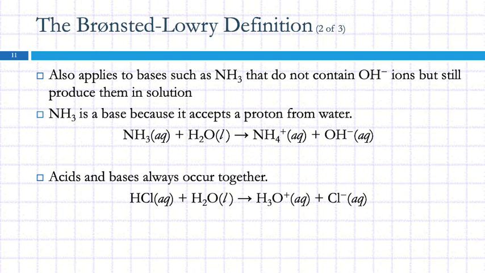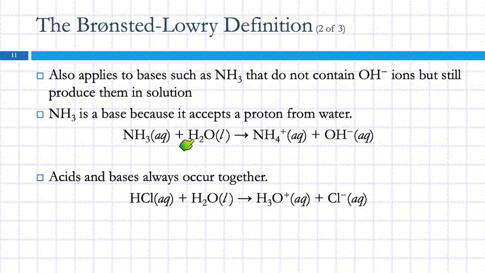This definition also works with bases like ammonia. Look at the formula for ammonia, NH3. It doesn't look like it's a base, it doesn't have any hydroxide ions in it. But it still produces hydroxide ions when dissolved in water, and it does that by accepting a proton from the water. So here's NH3.